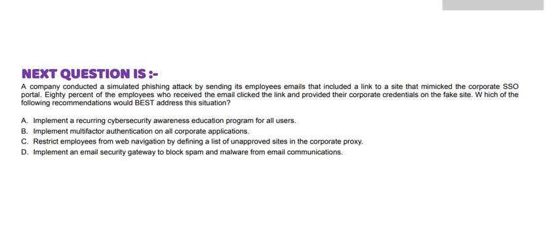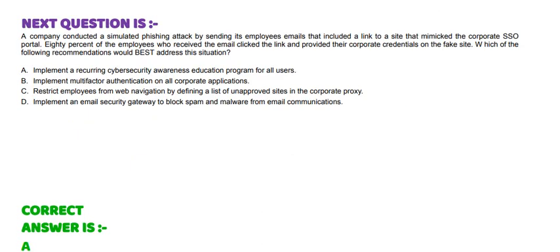Option B. Implement multi-factor authentication on all corporate applications. Option C. Restrict employees from web navigation by defining a list of unapproved sites in the corporate proxy. And option D. Implement an email security gateway to block spam and malware from email communications. And the correct answer is option A.